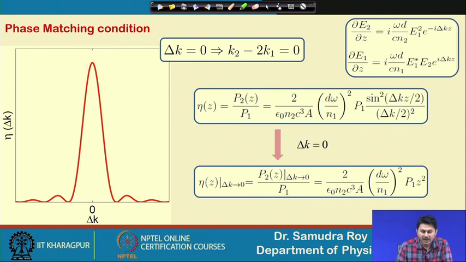After integrating, we get the value of E2, which is proportional to z square, as we showed in the last class, and then we figure out the value of the efficiency. This efficiency, defined by eta, is the ratio of P2 by P1 that I just mentioned in the previous slide.